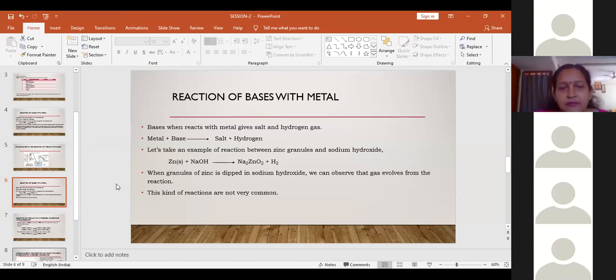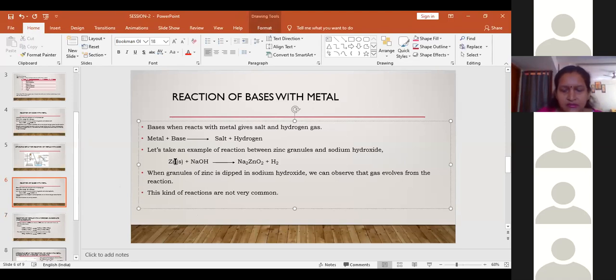Reaction of bases with metal. Bases also show the same kind of reaction.